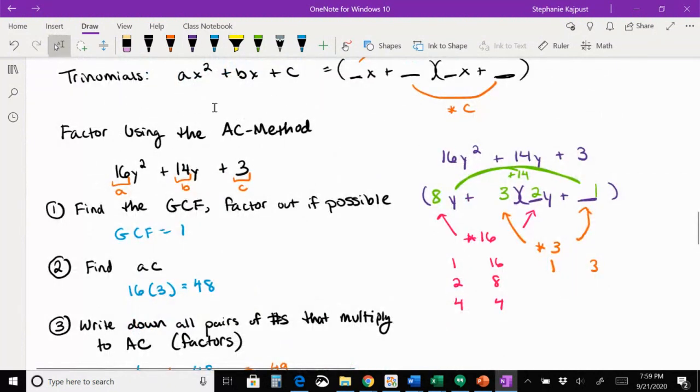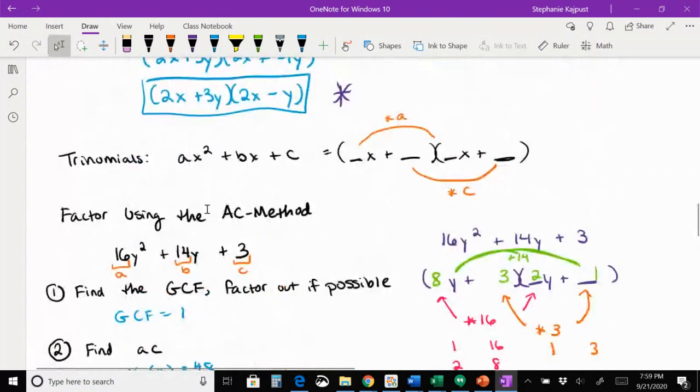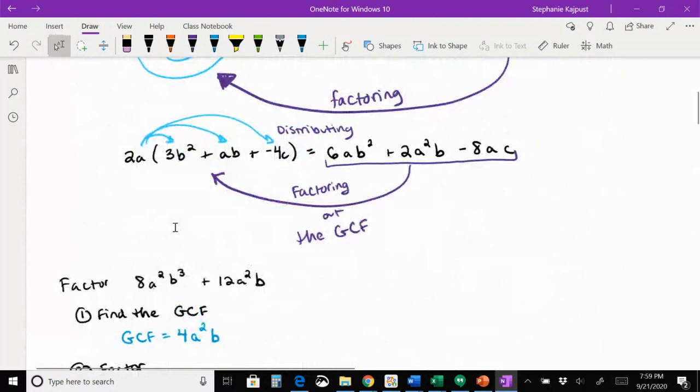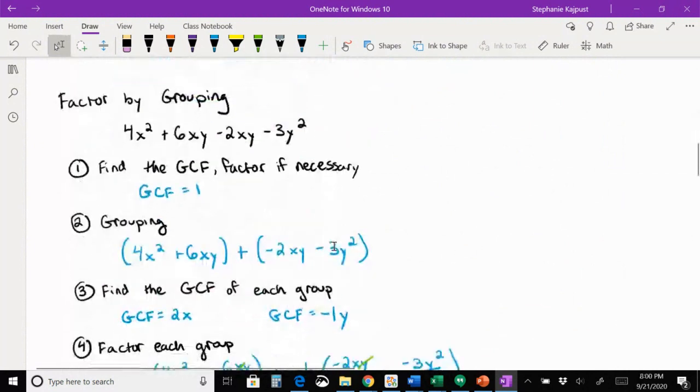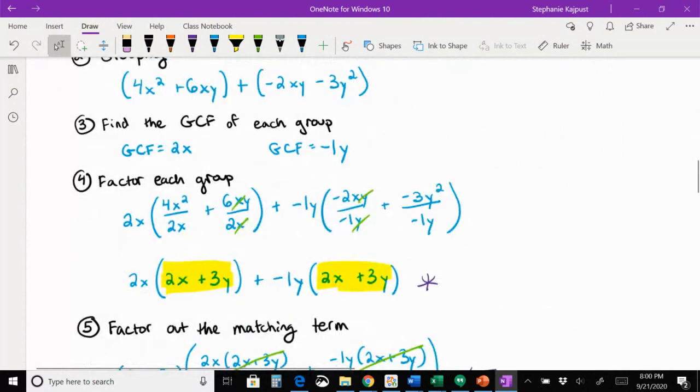Trinomials always look like this. So if you see 3 things like this, just always do this. It's kind of like, does it fit into one of these buckets? And if it does, that's what you try to do. And if you do enough practice, you'll get used to which ones to do.